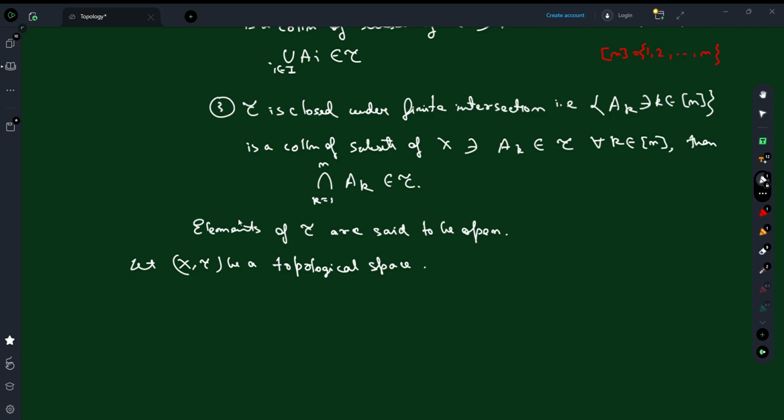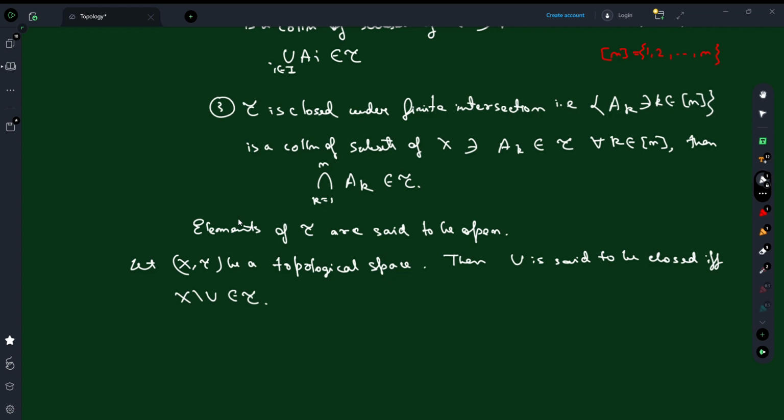Then U is said to be closed if and only if the complement of U, that is X minus U, is in tau. That is, U is closed if and only if its complement is open. So that is the precise definition.